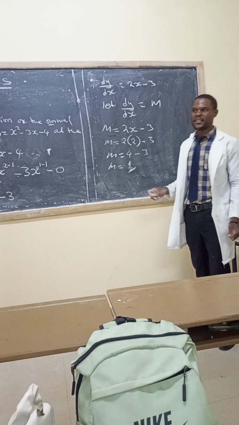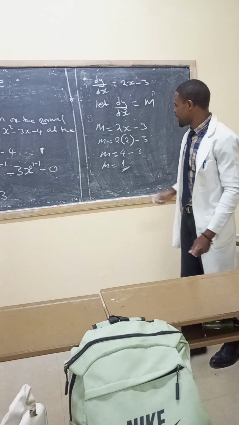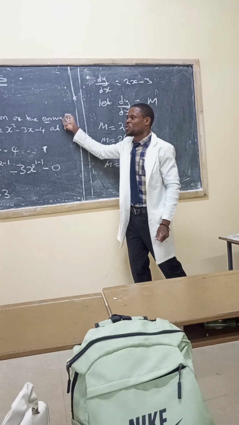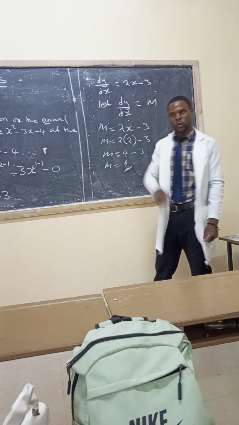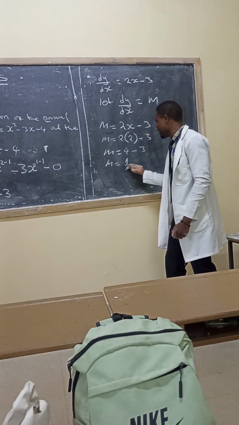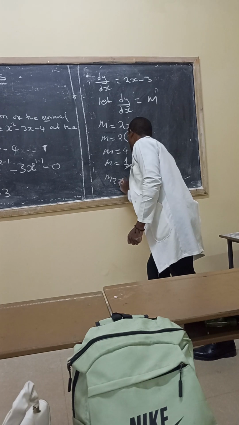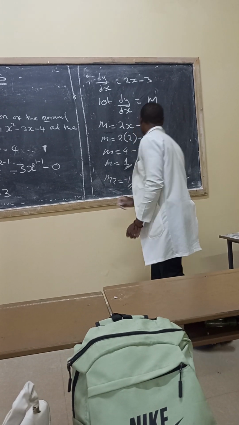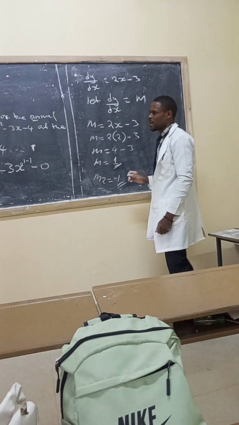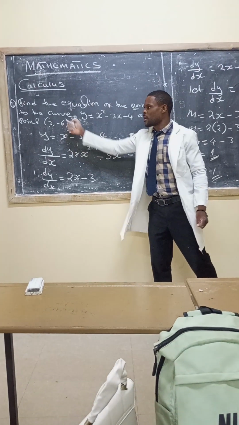So if you have to find gradient 2 or the perpendicular line, because normal means that you are finding the perpendicular equation. So if gradient 1 is positive 1, it means that gradient 2 will give us negative 1. Therefore now we can find the equation using the points.